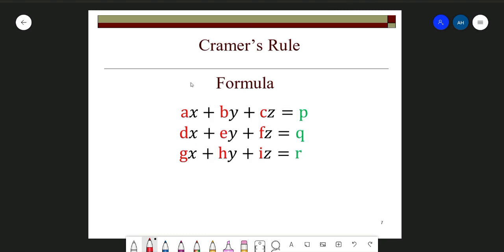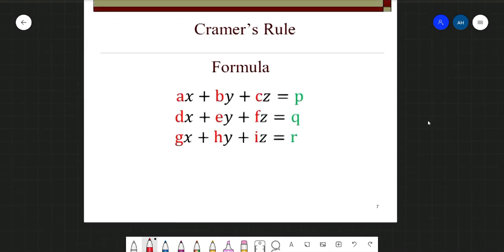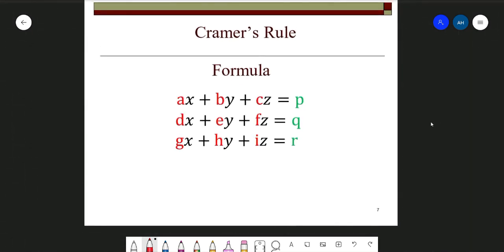That is, we have variable X, variable Y, and variable Z. Meaning here we have three equations and three unknowns. Now the question is, how to find the value for X, the value for Y, and the value for Z. So we have three variables here, and we have to find the value for each one of them.